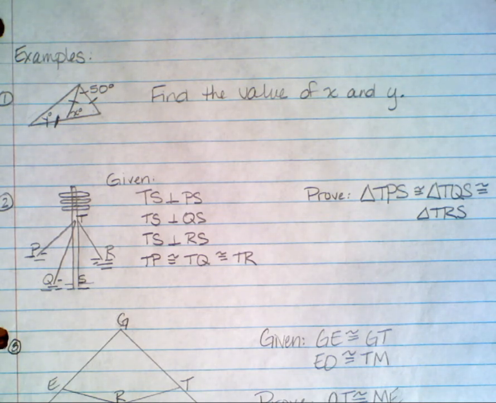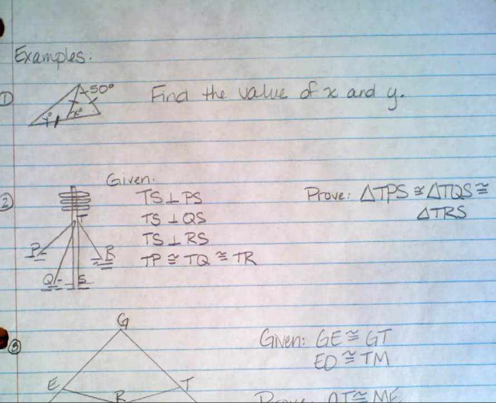Use your imagination a little bit: point P is behind that pole, point Q is a little bit in front of it, and point R is over and behind it just a little bit. So it's a three-dimensional shape drawn in two-dimensional space.